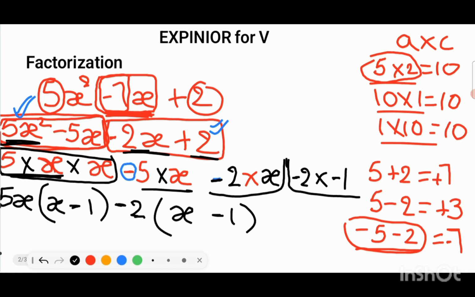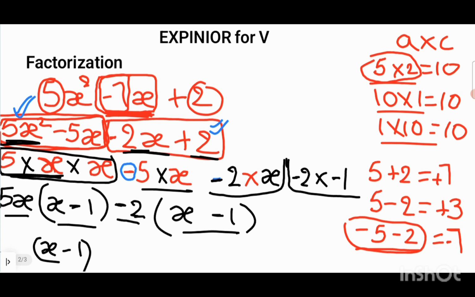Now what you have to do is, we have x minus 1 as common, and after that we have 5x minus 2.